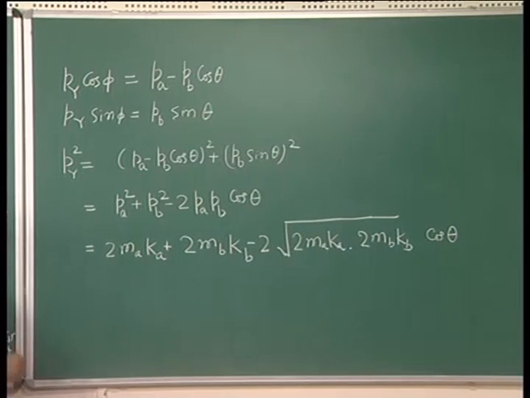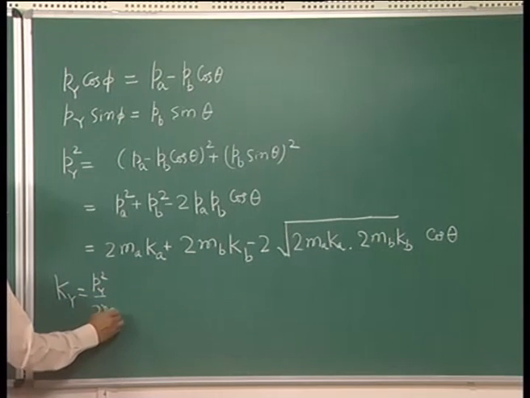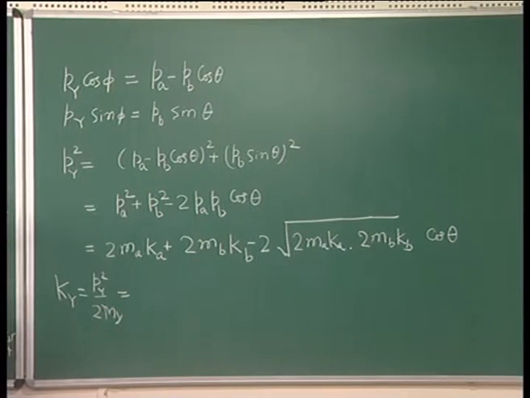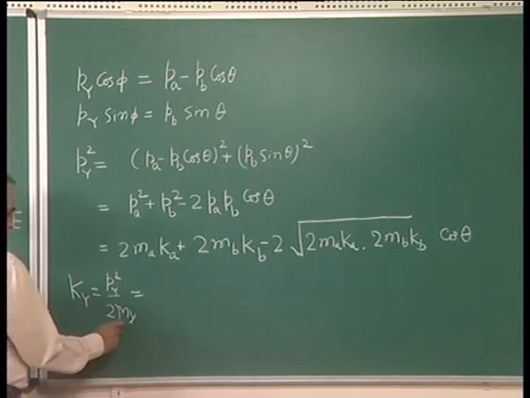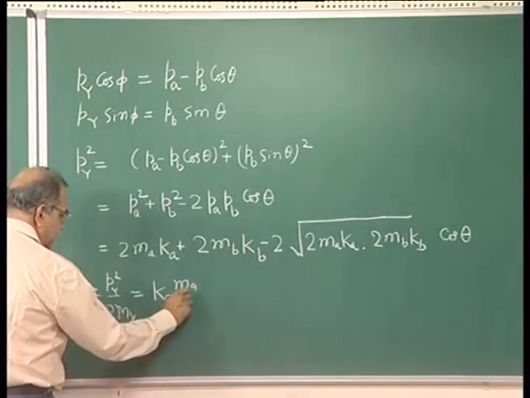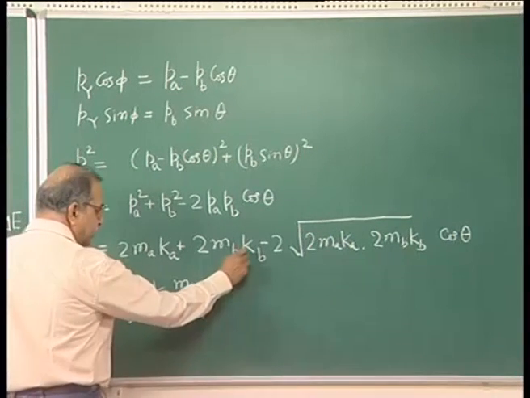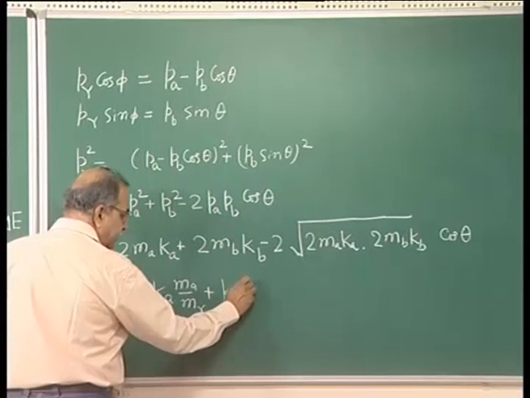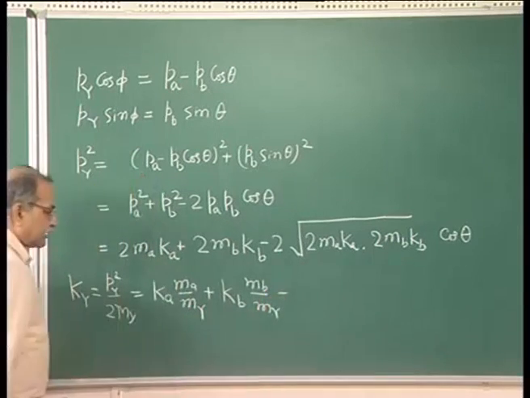So, the kinetic energy of y particle k y is p y square divided by 2 m y. So, divide this whole expression by 2 m y to get the kinetic energy of y particle. k a times m a divided by m y, that is the first term. Then the second term is k b multiplied by m b by m y, and then minus.